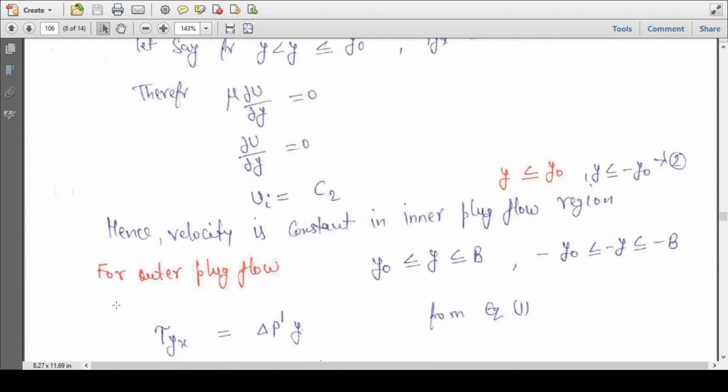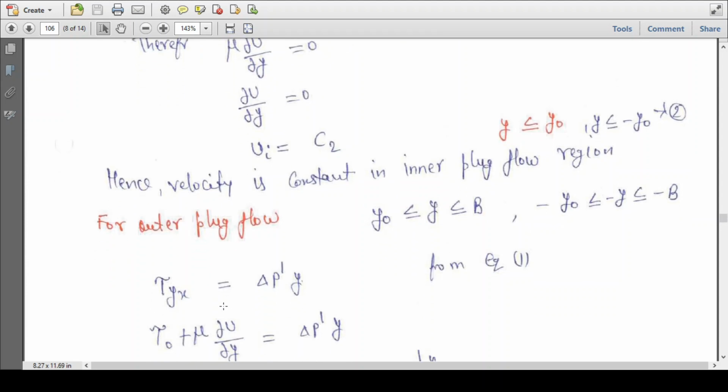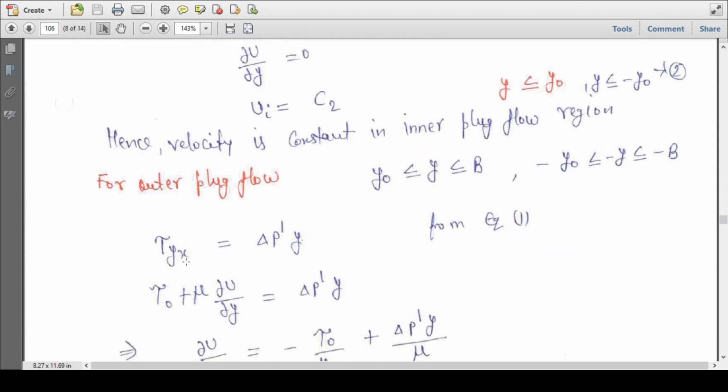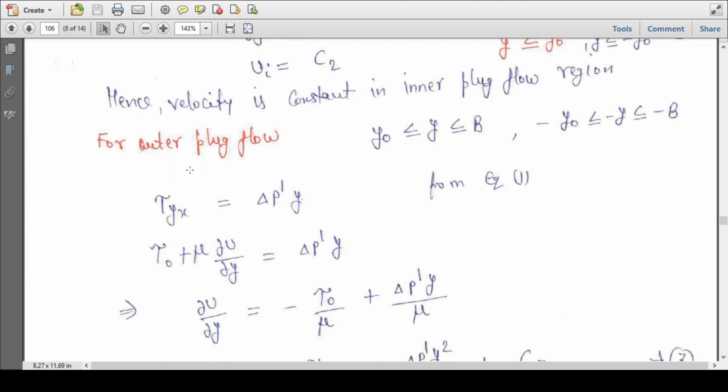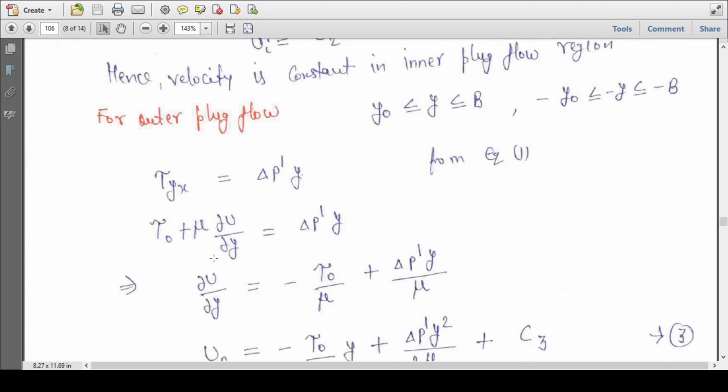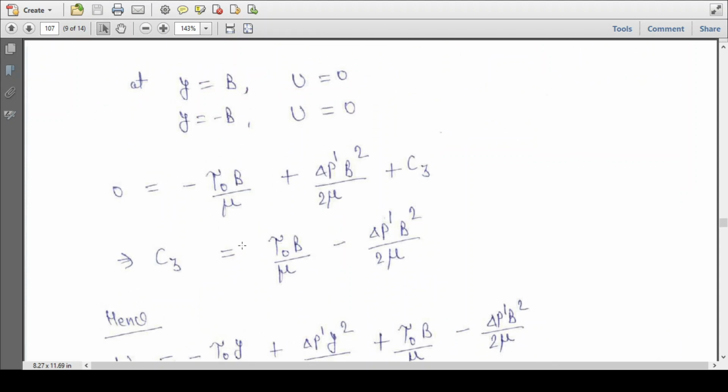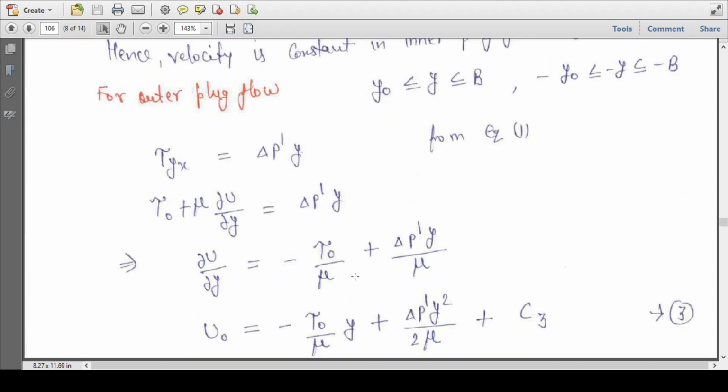Now for the outer plug flow part we are considering from y0 to b, or minus y0 to minus b. In that particular part this equation is valid: tau yx equal to delta p dash y from equation 1. Now we can substitute the expression for tau yx. From here we can write the expression for del u upon del y as equal to minus tau naught upon mu plus delta p dash y upon mu.